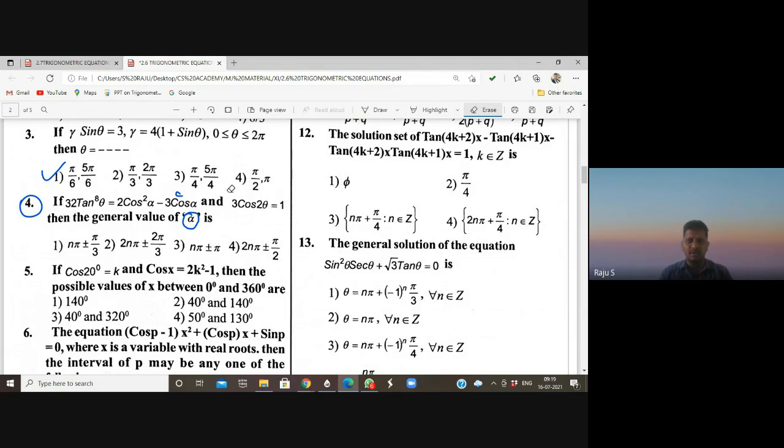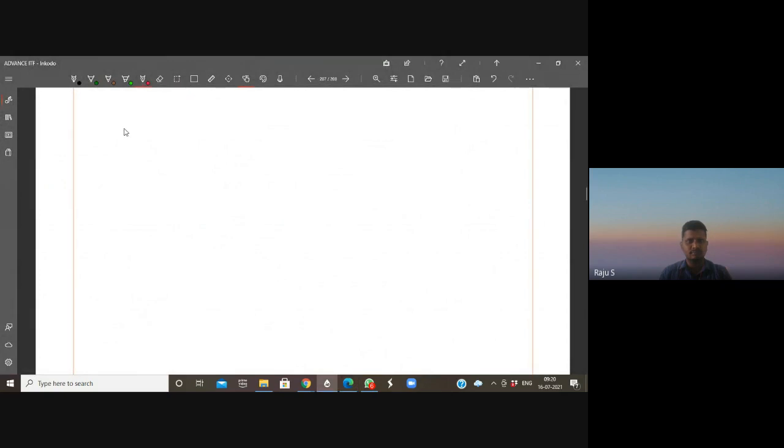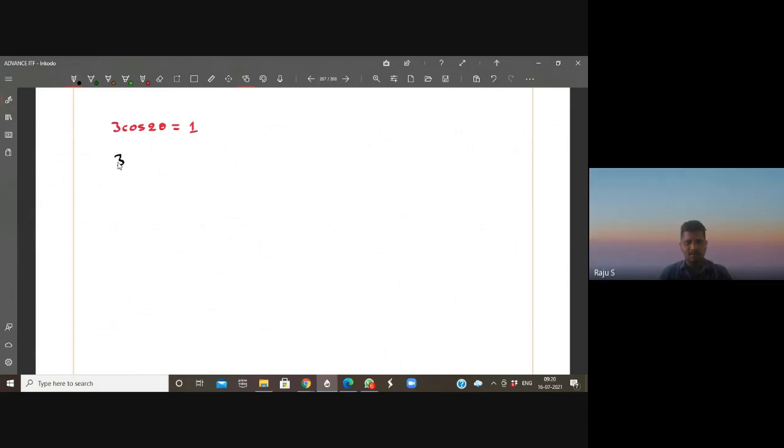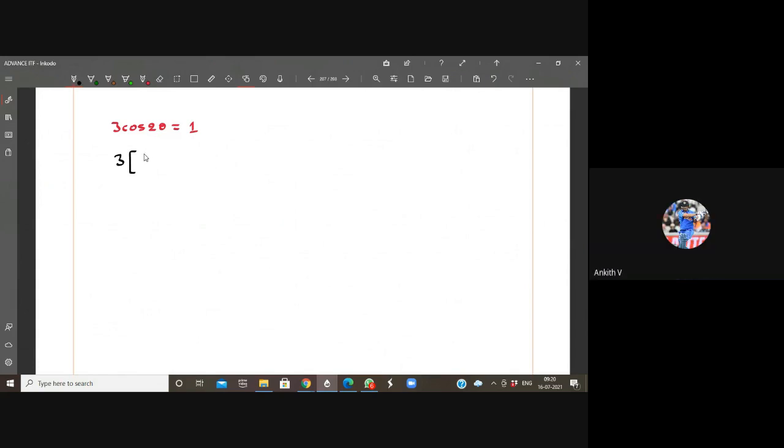So look here. First I'm taking 3 cos 2 theta is equal to 1, they gave. What is your cos 2 theta? Is there any formula for cos 2 theta in terms of tan? 1 minus tan square theta by 1 plus tan square theta.